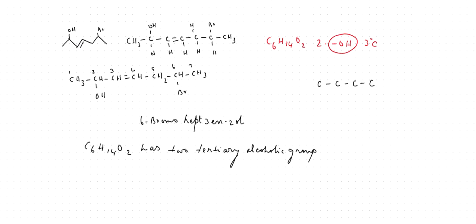There is no chance for a tertiary carbon. Therefore, if the two carbons are attached here, this is a tertiary carbon. And another carbon is attached here, this is a secondary carbon. Therefore, our condition is satisfied. Two tertiary carbons. In the two tertiary carbons, the OH group is attached.